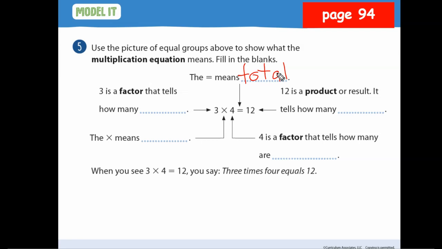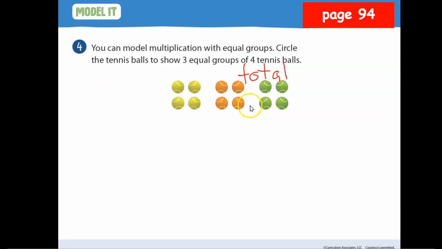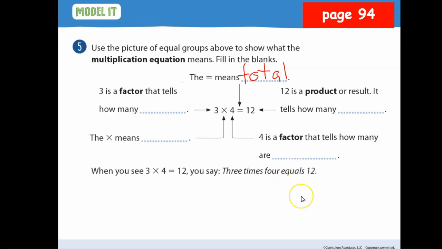Like the things the objects are in. We circled how many here? What were these called? Groups. There you go. So the 3 tells you how many groups you have.